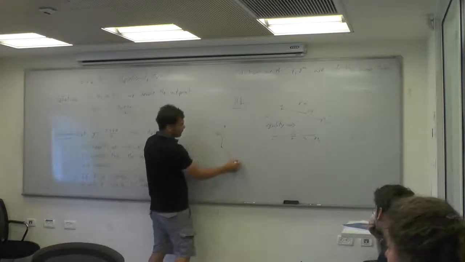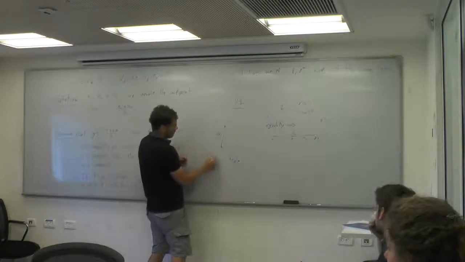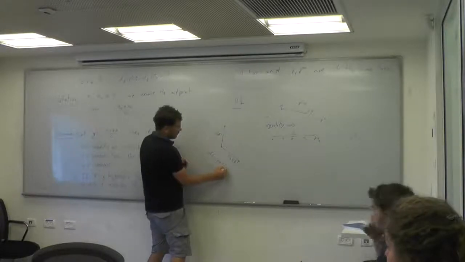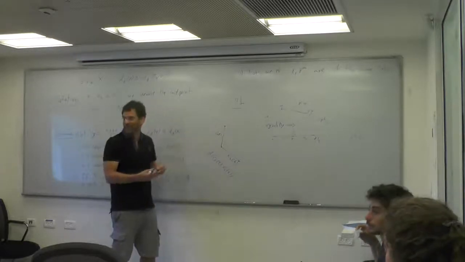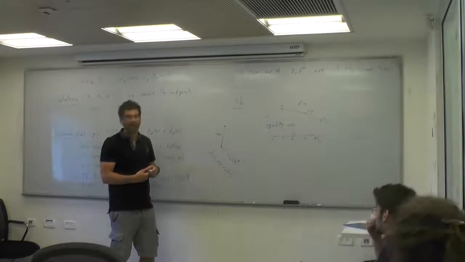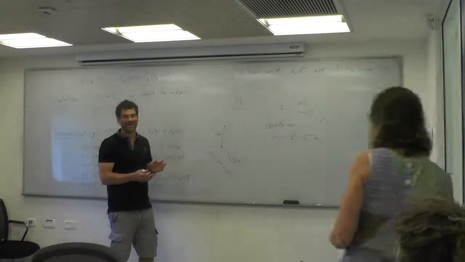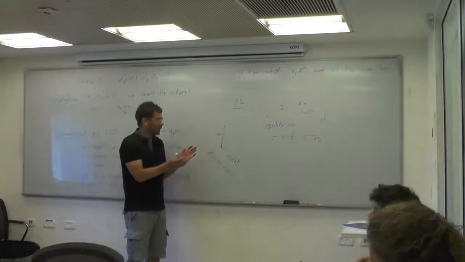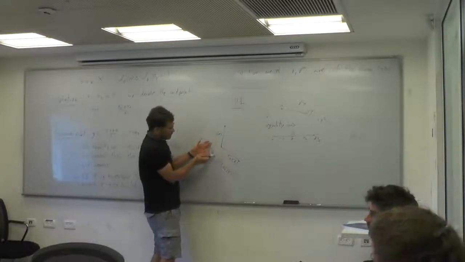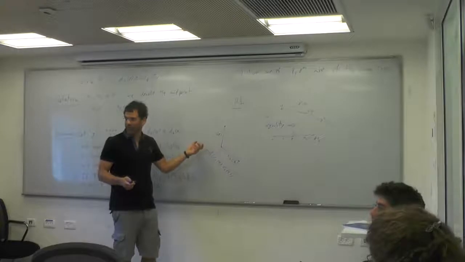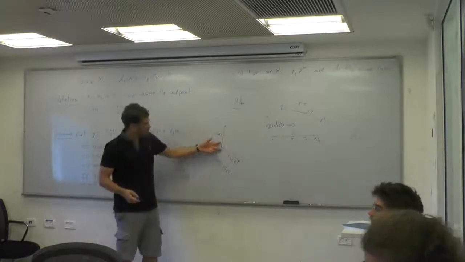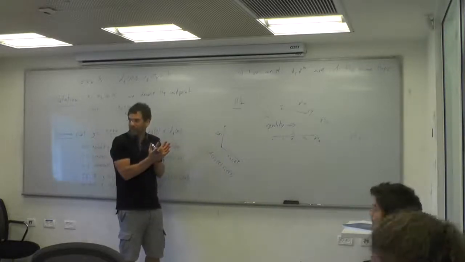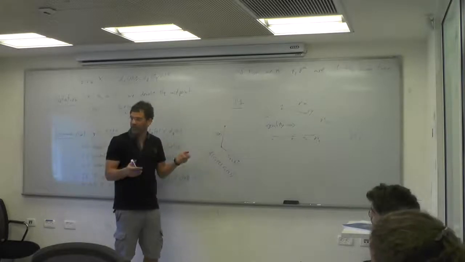The distance between C1 of t and C2 of t is increasing at most linearly, at most 2t. But if the angle is not pi, then it's strictly less than 2t.